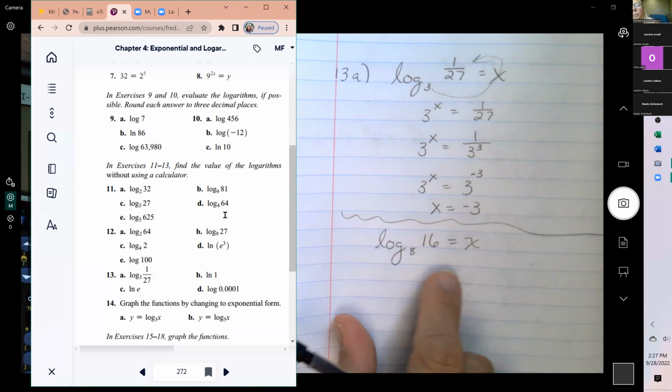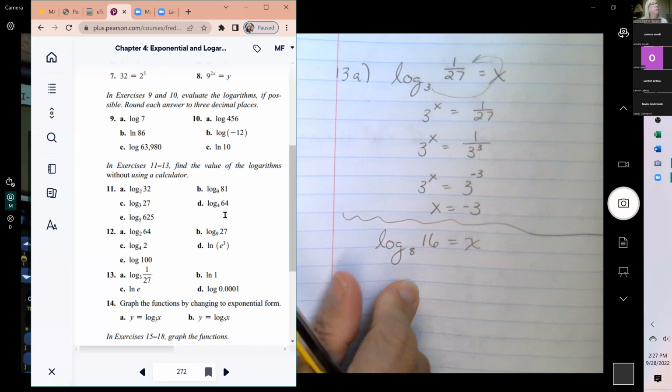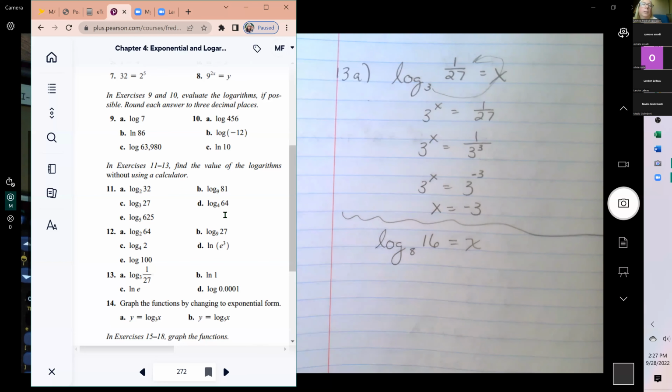Okay, let's try this one. It will be similar to B, I think it was. So first rewrite it.